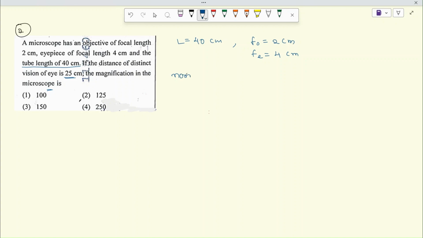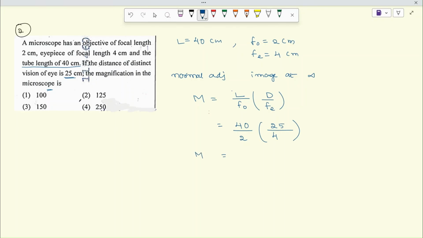We should consider normal adjustment, which means the image is at infinity, which means the magnification will be L by FO into D by FE. So L is 40 by focal length of objective 2 into D 25 by FE, that is 4.